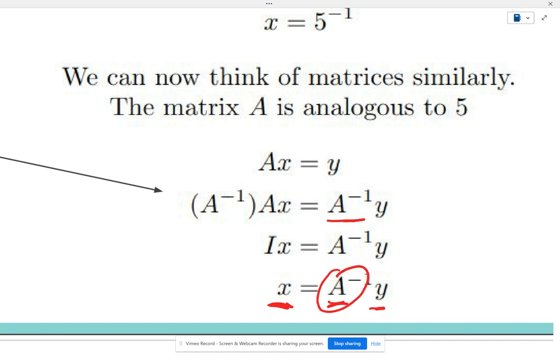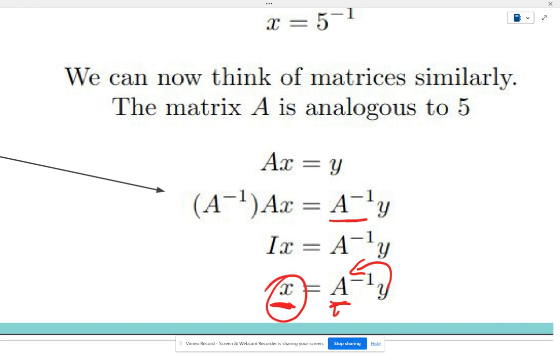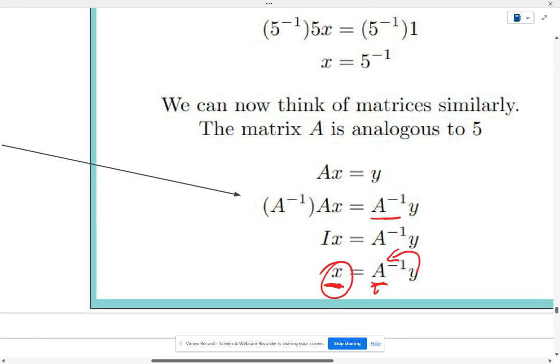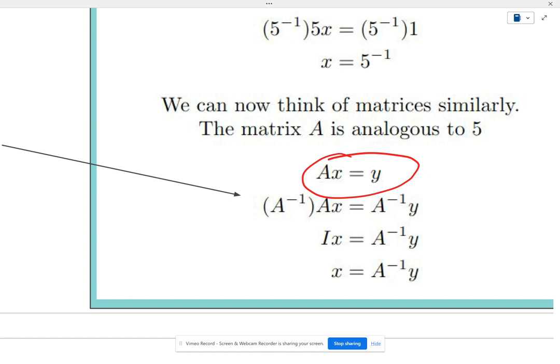So if you know the inverse, you can very quickly multiply them together and you get the solution. This is why it's useful. You can look at complicated variables, well, this one is not so complicated, and essentially solve for x.